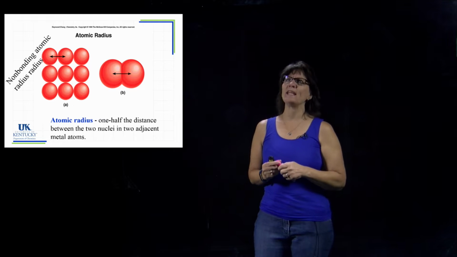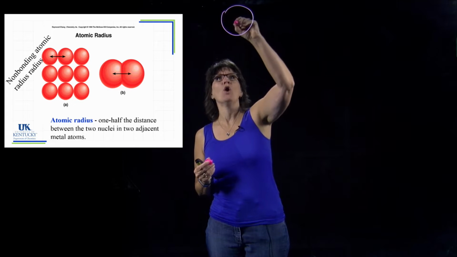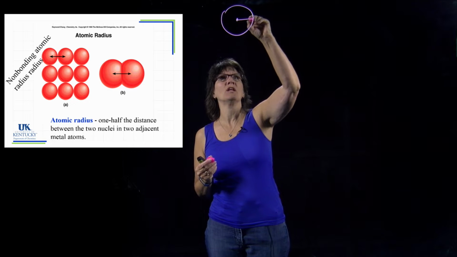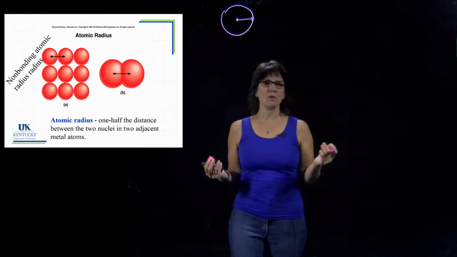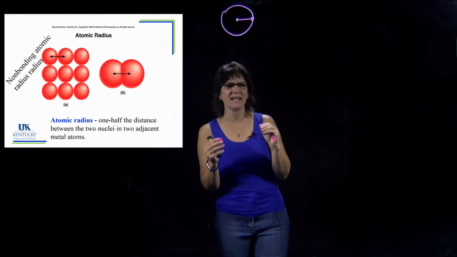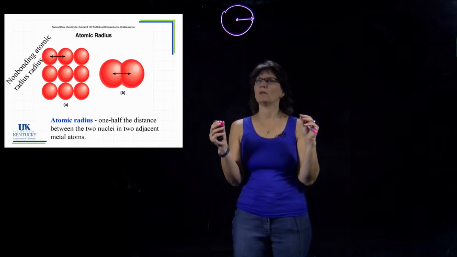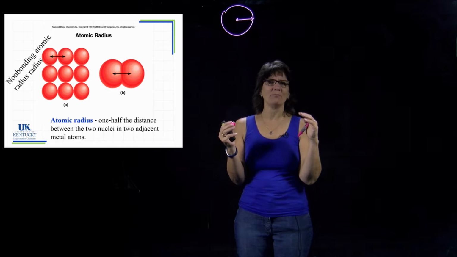And to measure the radius, a lot of times, when we think about a radius of a circle, we measure from here to here, and we decide on that radius. But that is not a measurement we can make. The electrons, remember, take up such a tiny portion of the space there, and you can't find that outside boundary.